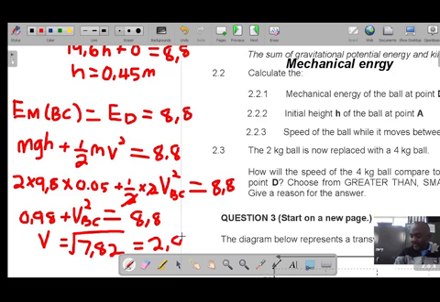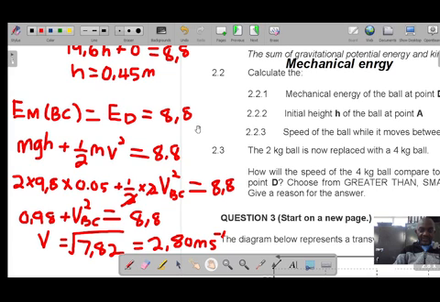If you round properly, it is 2.80 meters per second. Hope we are together, guys. If we are not, don't worry. Just pause the video and replay it. Hope you really understand. Okay, let us proceed next.